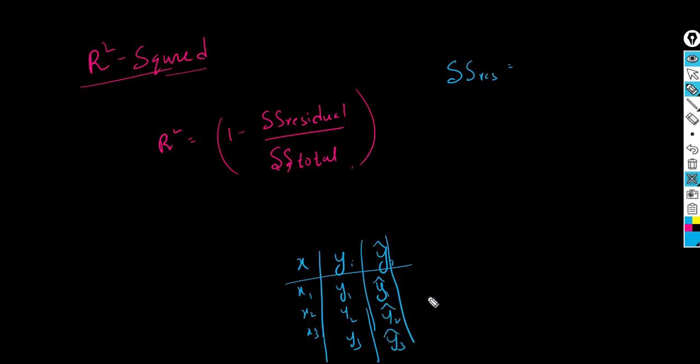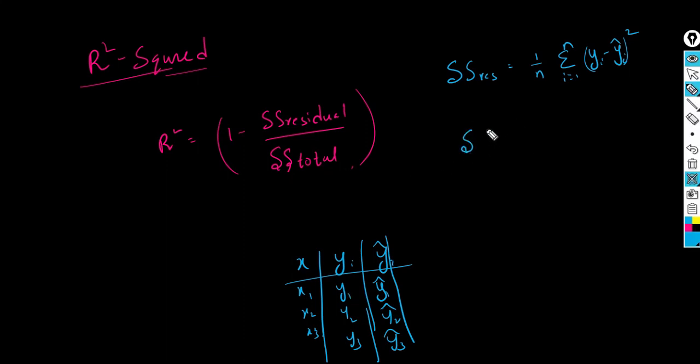Here SS residual is equal to 1 by n sigma i equal to 1 to n of (yi minus y hat i) whole square. This is like a square error with the model. From the model we get the predicted values, and between those and the actual values we take the square error; that is the SS residual.